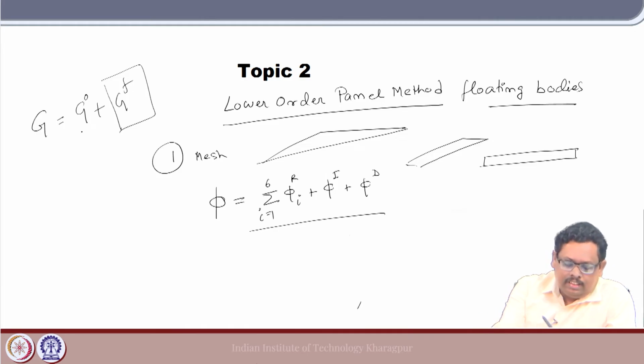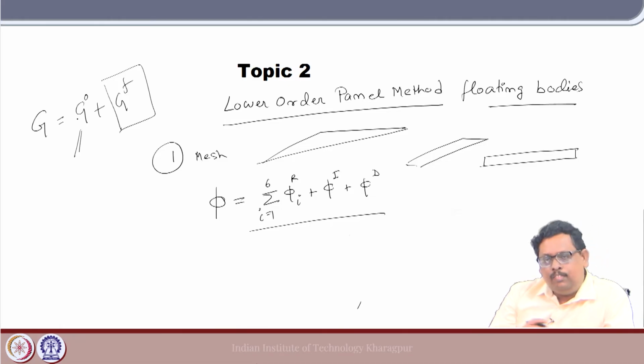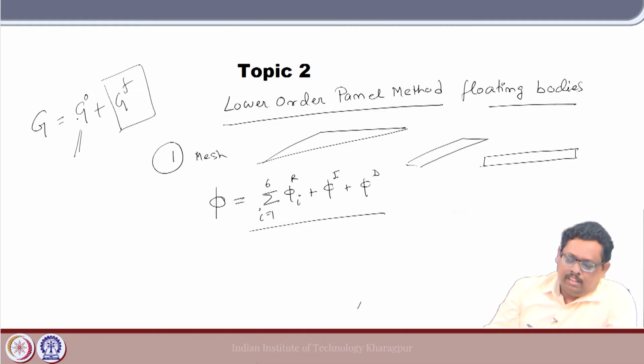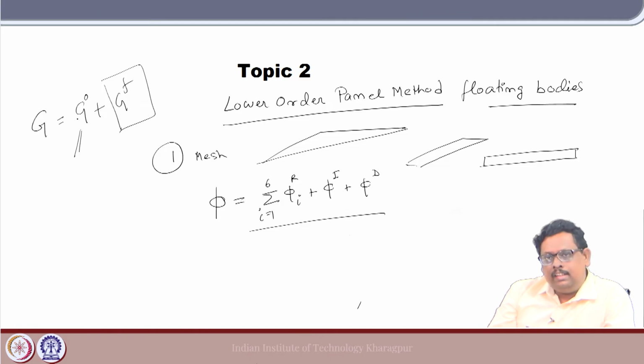However, we discussed G0, which is the Rankine panel method, and the different techniques that we follow, like how to integrate it with 1 point Gauss quadrature, then 2 point Gauss quadrature, and where to apply the analytic part. And also we discussed the analytic part of the Green's function.